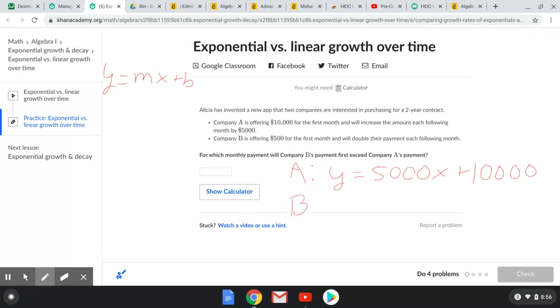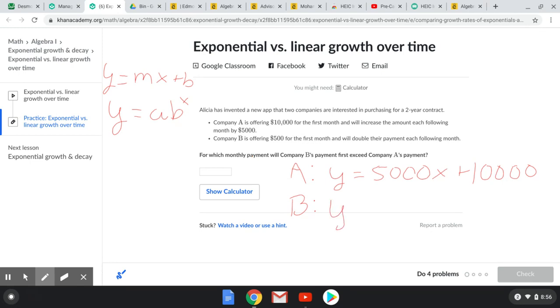Company B is exponential. So remember, exponential is y equals a times b to the x, where a is our initial amount and b is the amount we're multiplying by each time. Not to be confused with this b. These are two different b's, okay? So the initial amount was 500.